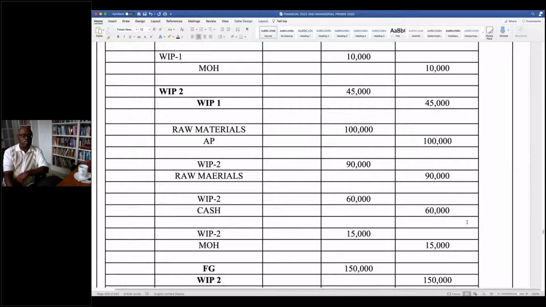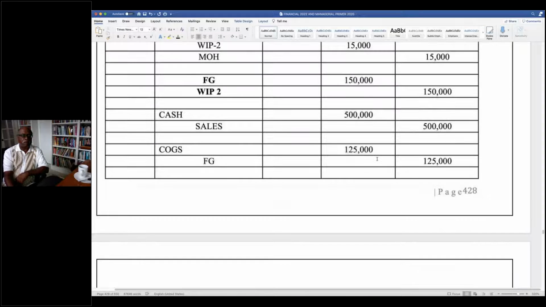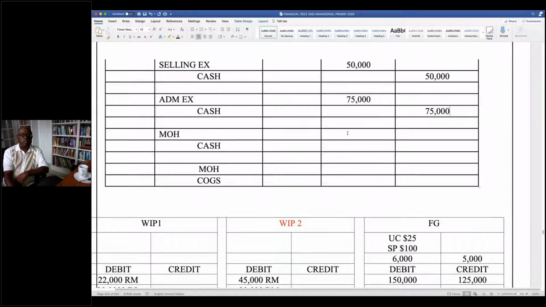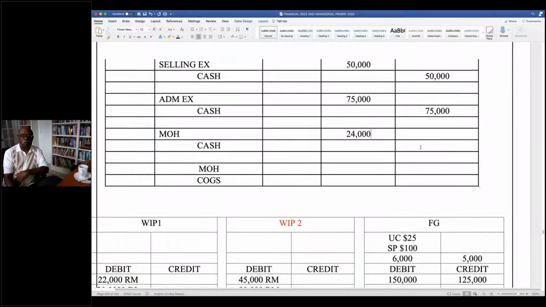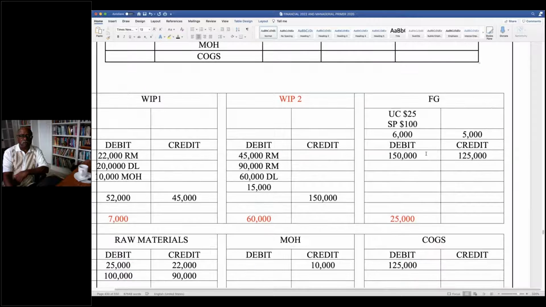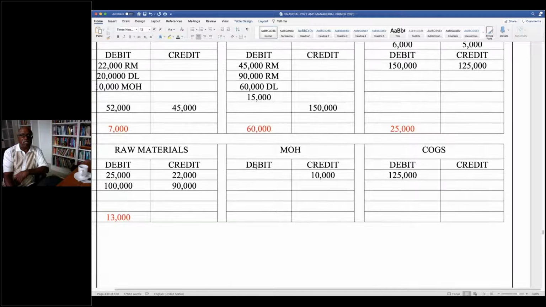We're going to record the manufacturing overhead first, and then put it in the T chart. So you're going to debit 24,000 manufacturing overhead and credit cash. Now we need to post that in the T chart, 24,000.